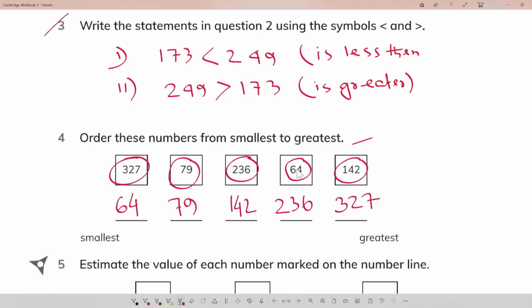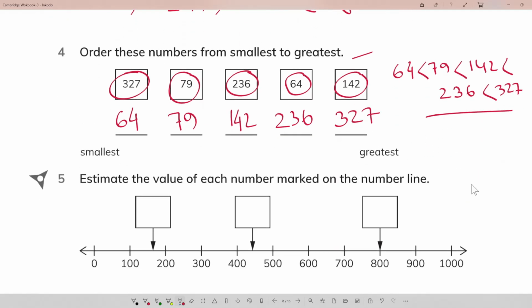If we use symbols, 64 is less than 79, which is less than 142, which is less than 236, and finally that is also less than 327.